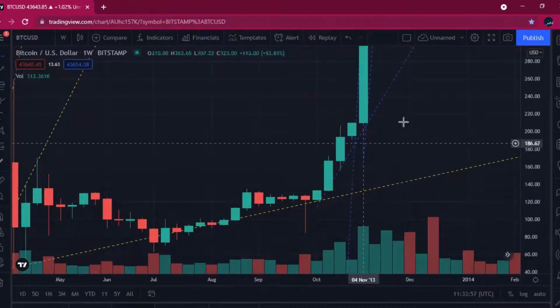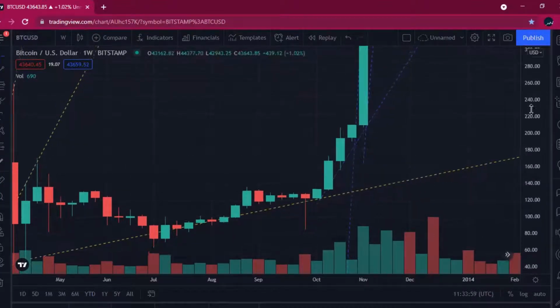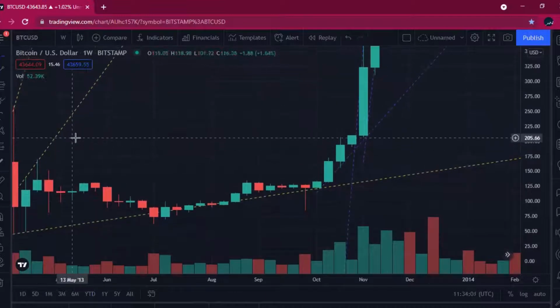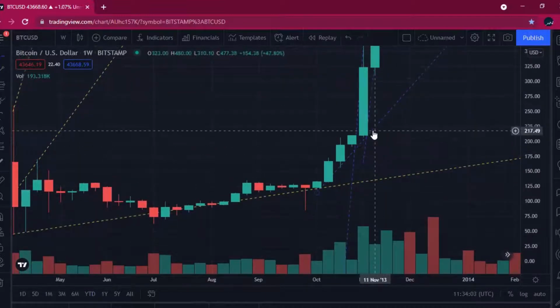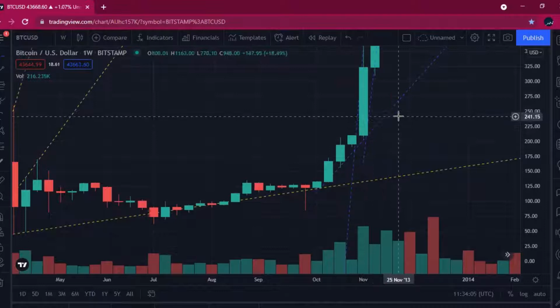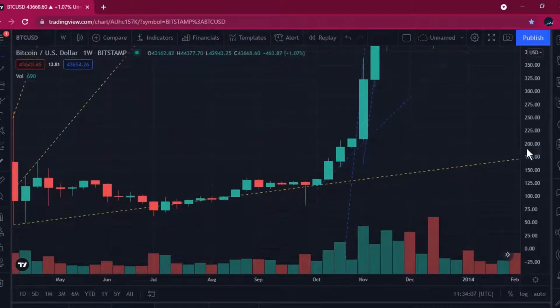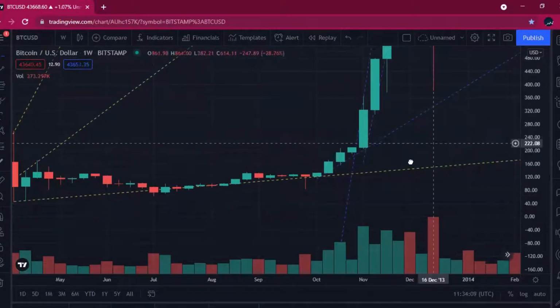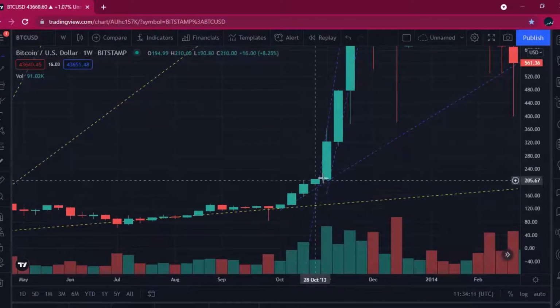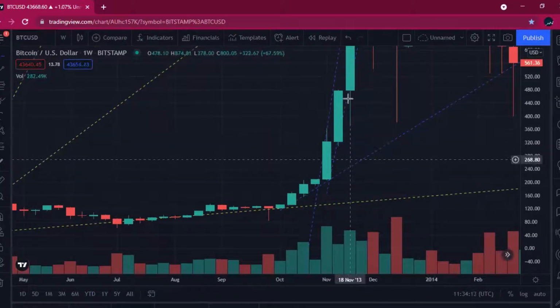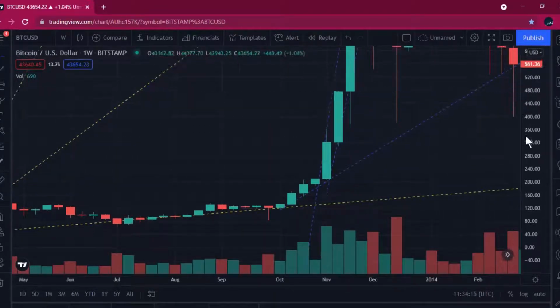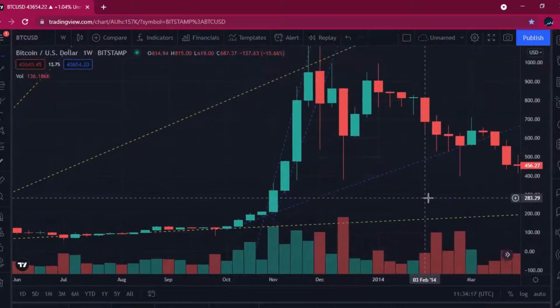Then I drew in new bylines here in blue. The first 2013 bull run was in yellow, and the second one, which is in late 2013, is in blue. I pop in those bylines underneath these candles, send it off into the future, and then I connect these candles here. I'll make it smaller for you so you can see.